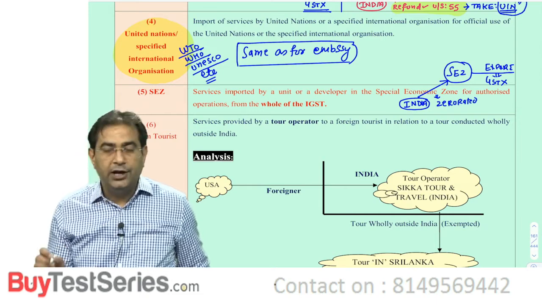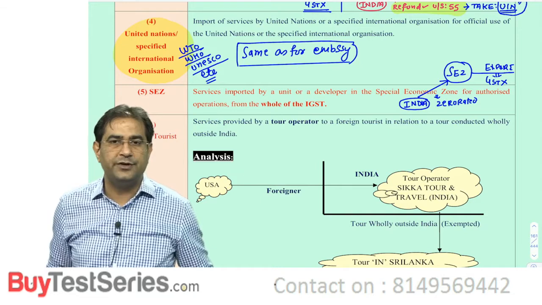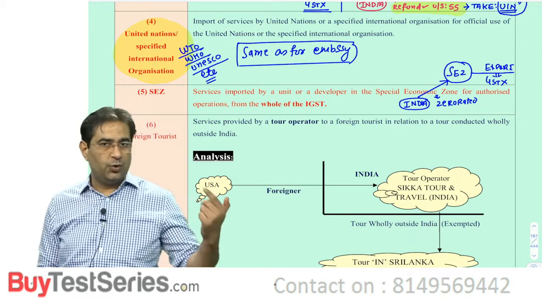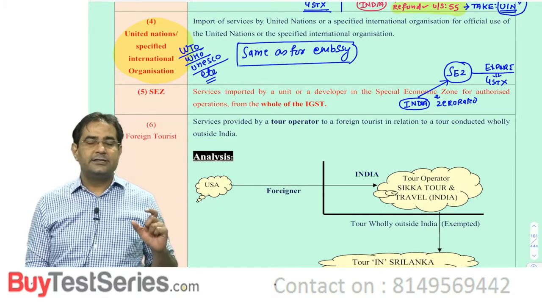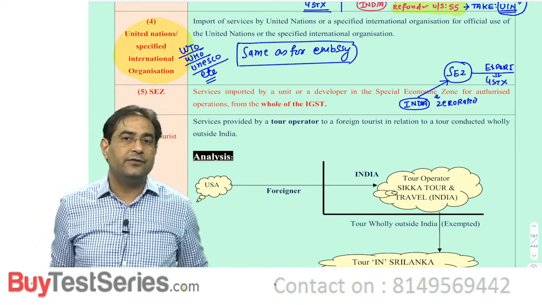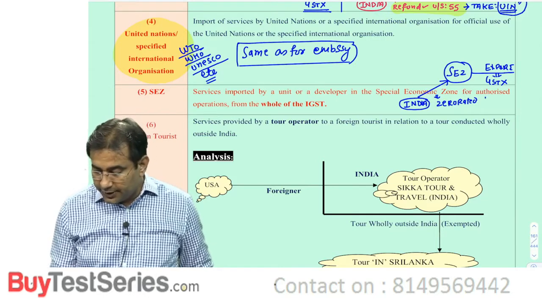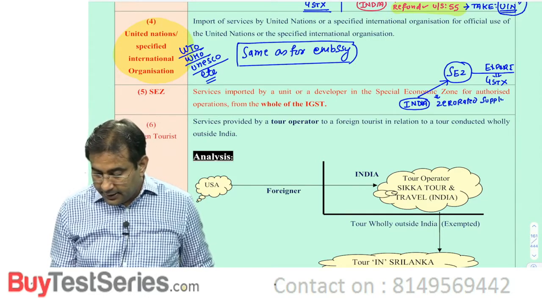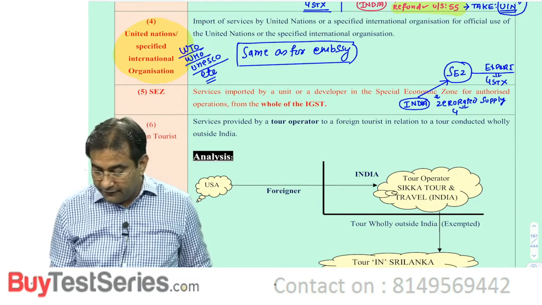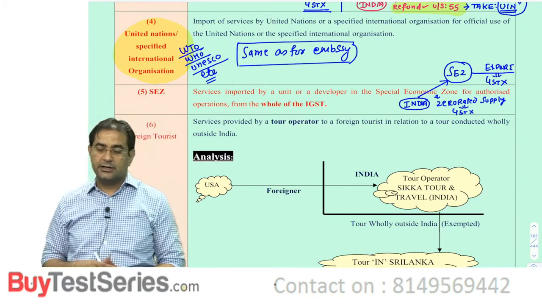There are two limbs of zero rated supply. First one is actual export to abroad, and second is supply to a special economic zone unit or the developer of a special economic zone. It is called zero rated supply, and the supplier is required to execute a bond, and finally no GST would be applicable on this supply.